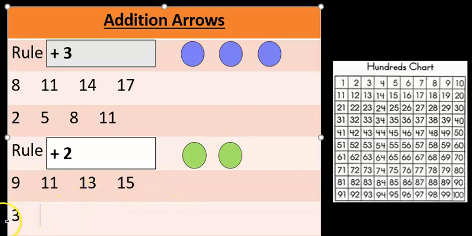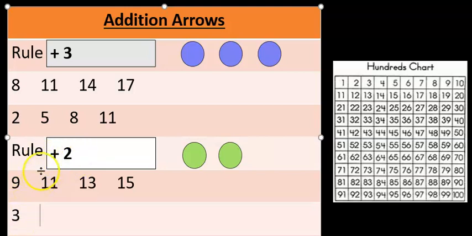We're going to start at 3 now. Now first graders, what rule are we going to do now to number 3? What rule are we going to do to this 3? We're going to add how many? 2. Good job. Because look, the rule still says up here, plus 2.